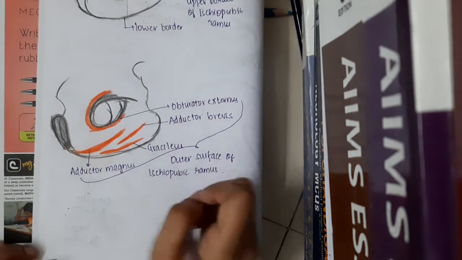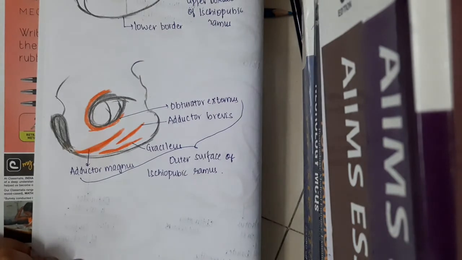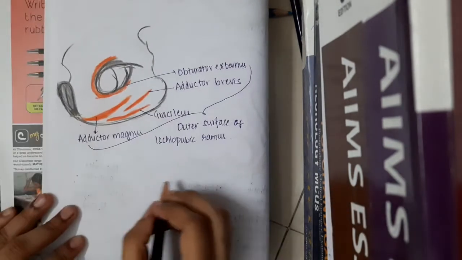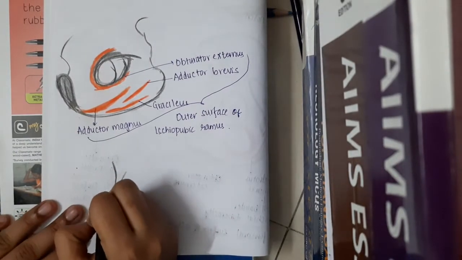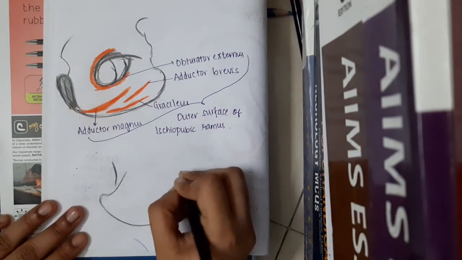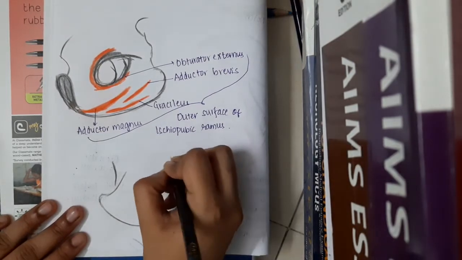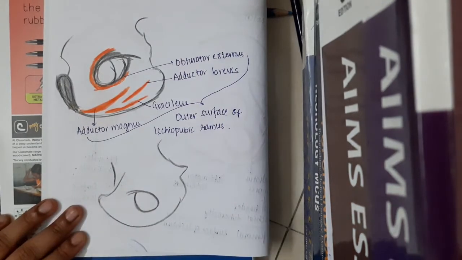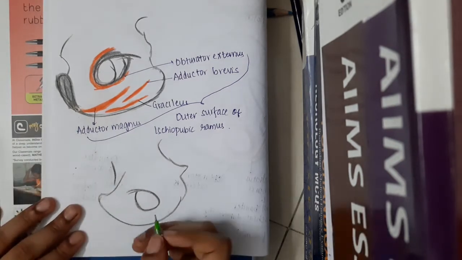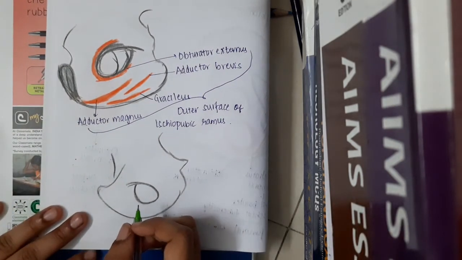Then we'll even have to see the inner surface. What are the muscles arising from the inner surface? I'll draw here. It looks something like this. So this is the spine you see in the inner surface, and this is the obturator foramen. On the inner surface you have an upper ridge.